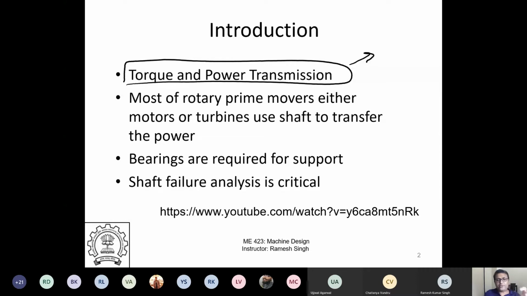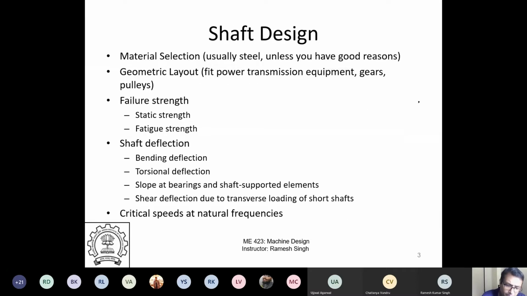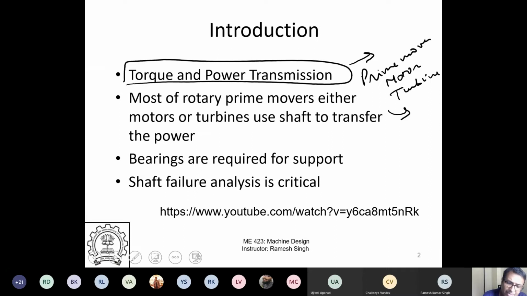Wherever you have a prime mover, such as a motor or turbine, the power has to be transferred from a motor, from a gas turbine, from an engine. This has to be transferred to other parts.